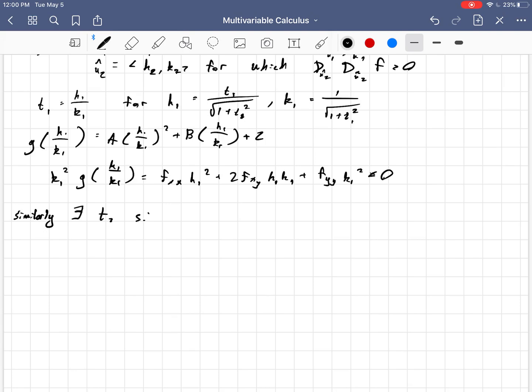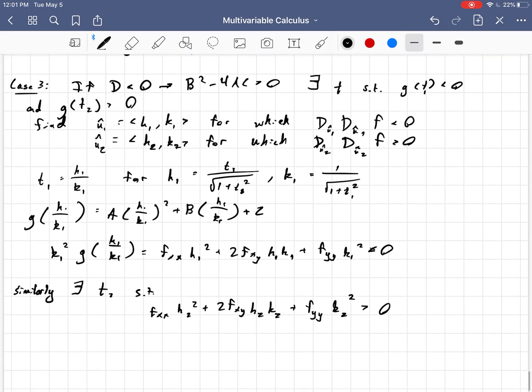So there exists t sub 2 such that f sub xx times h sub 2 squared plus 2 f sub xy h sub 2 k sub 2 plus f sub yy times k sub 2 squared is greater than 0.